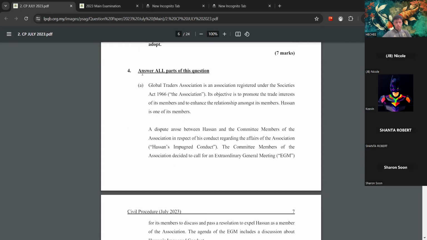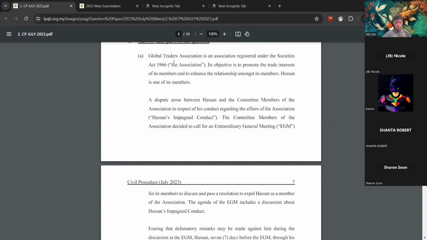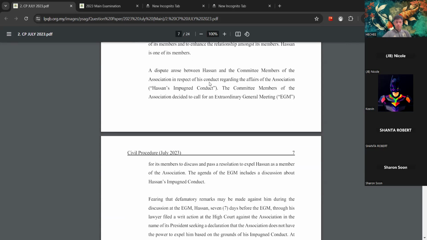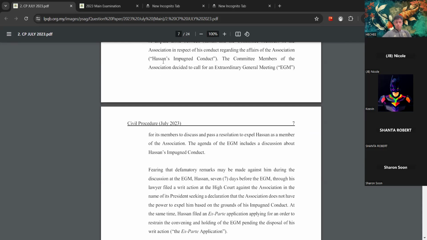Okay, now we come to number 4. GTA is an association registered under the Societies Act. The objective is to promote the trade interests of its members and to enhance the relationship among the members. Hassan is one of the members. A dispute arose between Hassan and the committee members in respect of his conduct regarding the affairs of the association.